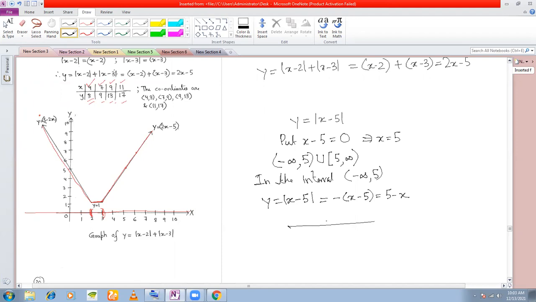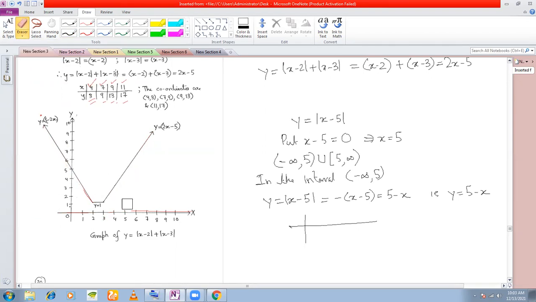So now you draw the graph of the line y is equal to 5 minus x, which is very easy. In what interval will I get the graph here? Minus infinity to 5 means only in this interval. Only for this part can I draw the graph.